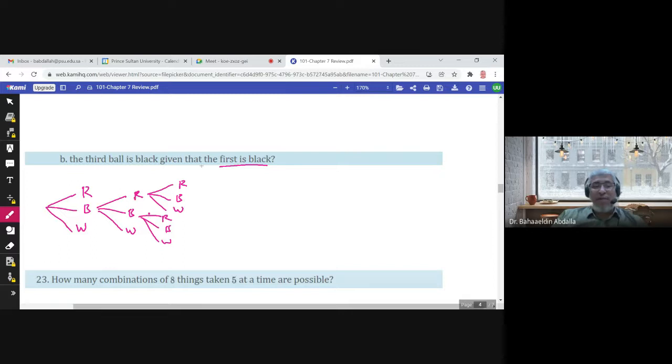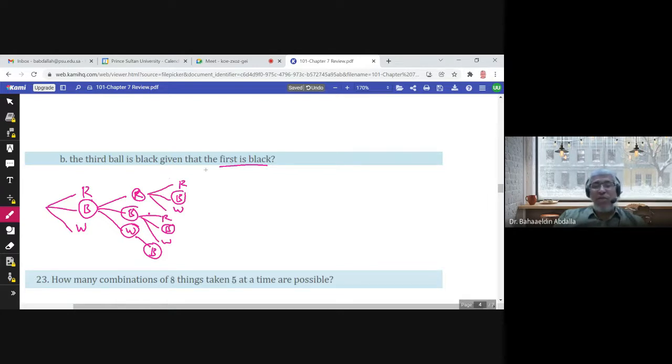Otherwise, he's discussing this B, R, B, and B, B, B, and B, W, B. Okay, but then it is not a conditional probability. So it has to be one probability here he is asking.